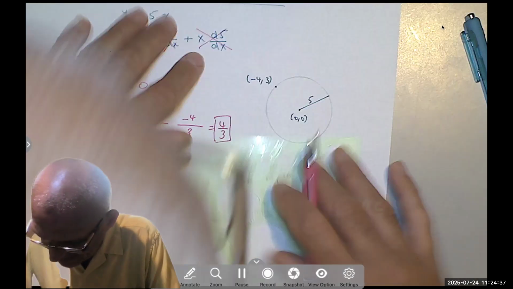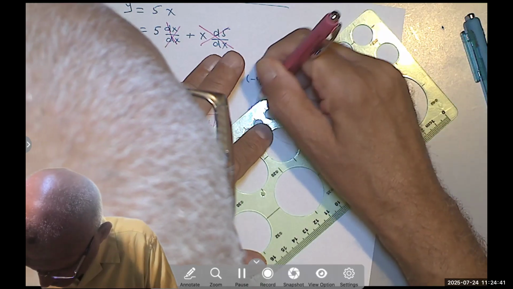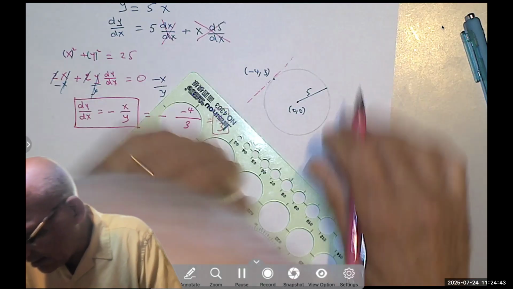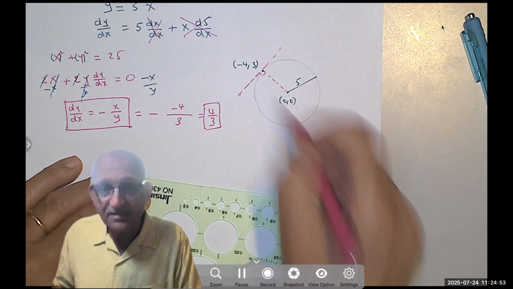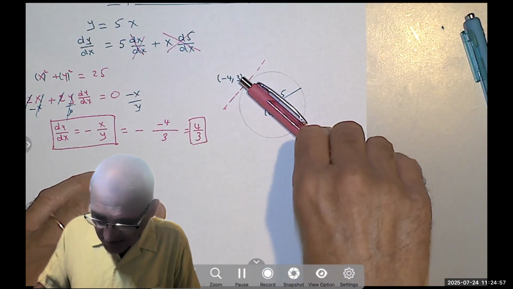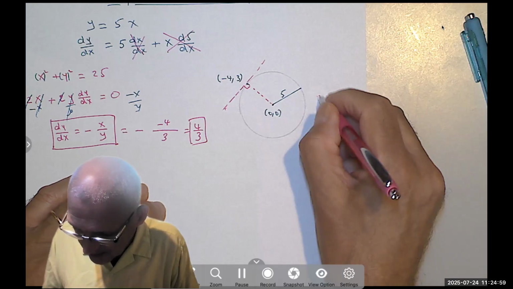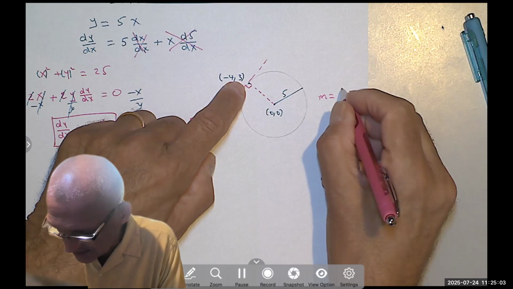that if I have the tangent here, and I draw a line perpendicular to the tangent, then we know from geometry that it passes through the center. So these two lines are 90 degrees. The slope of this radius, m, equals the change in y, which is 3.